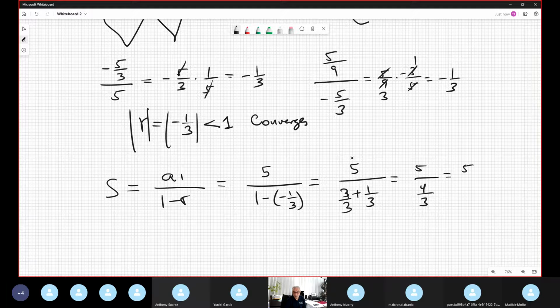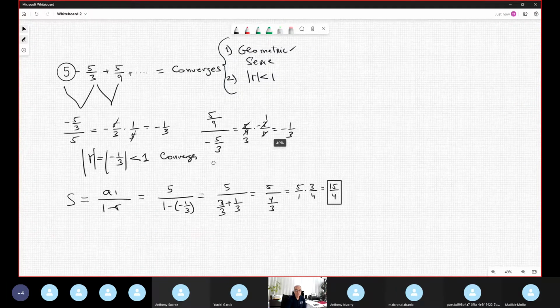Finally flip it: 5 over 1 times 3 over 4 is 15 over 4. The series converges to that value. Is it clear?